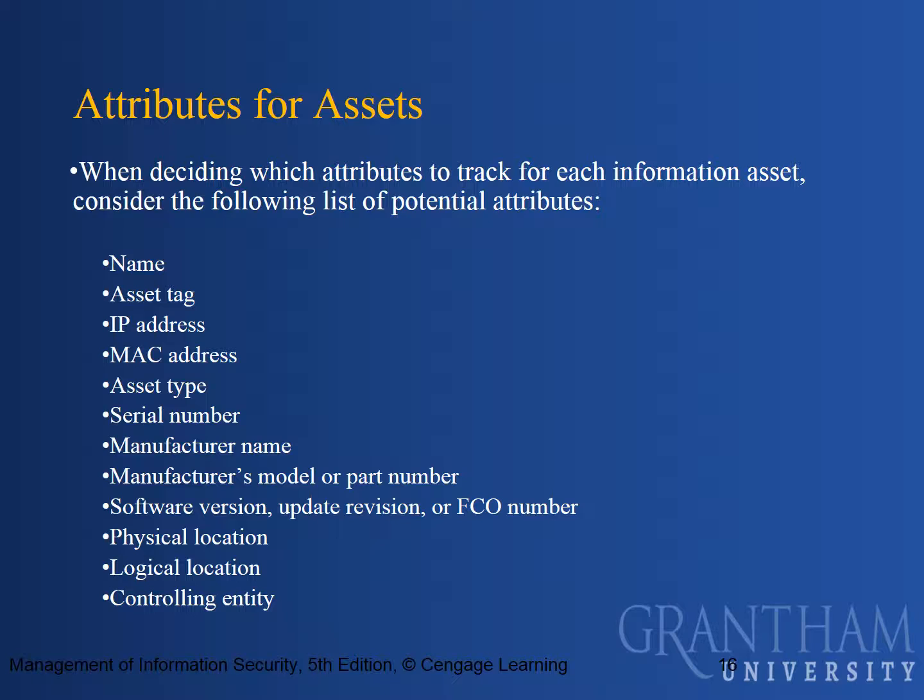In the inventory process, the attributes for the assets that you're going to track are important, but there is no defined set of information to put into a list. The ones shown here, name, asset tag, IP address, are typically used for your inventory tracking.